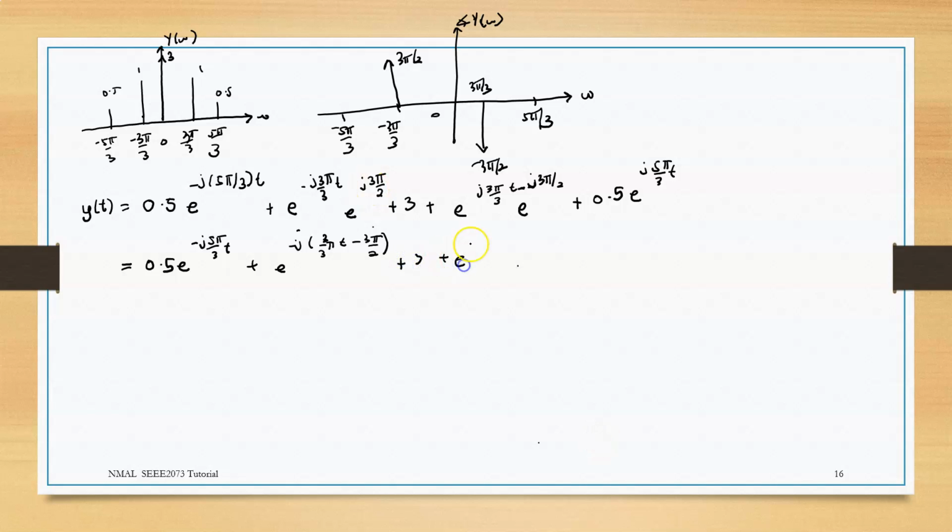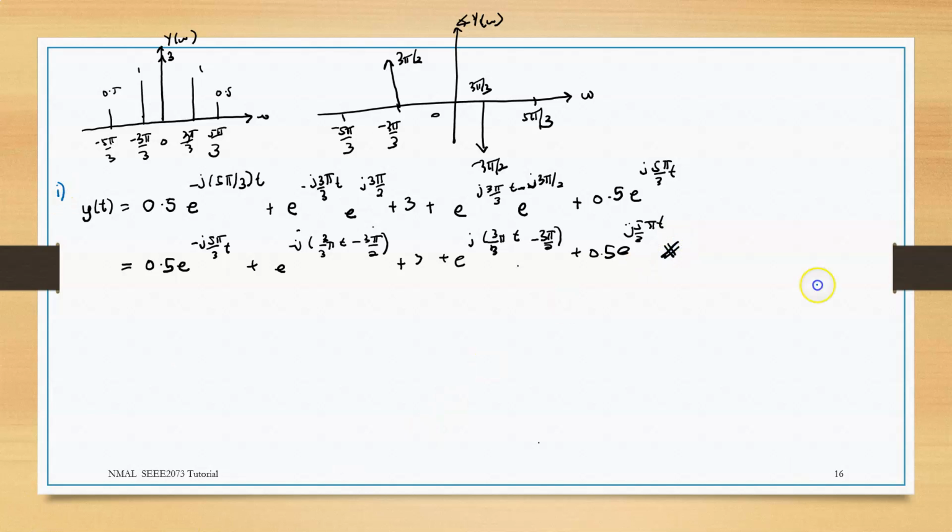So we write back t minus 3 pi over 2 plus 0.5 exponent j5 pi over 3t. So now you already answered the first question, in which you have to find the complex exponential Fourier series. Remember, when the question says complex exponential Fourier series, it means in terms of exponential form, and you can take it straight away from the double-sided spectrum. So this is the answer for question 1.